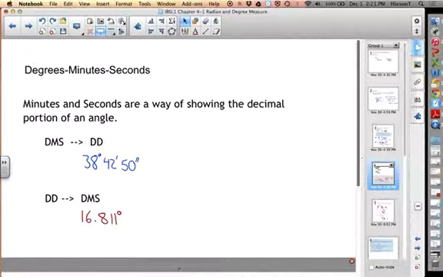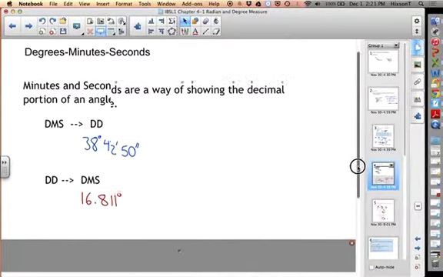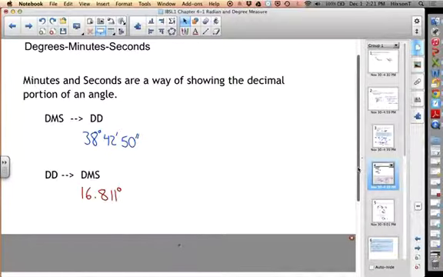Now, making sense of that actually is not too hard. If you keep in mind how normal minutes and seconds work, and instead of hours we have degrees. Let's think this through, because it's somewhat intuitive if you keep that in mind.